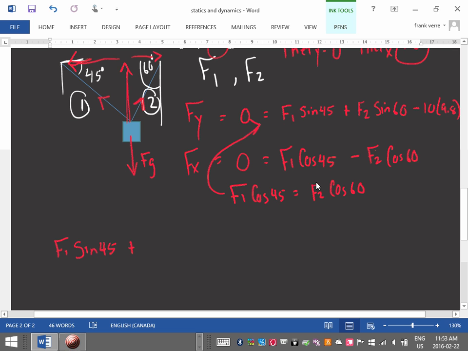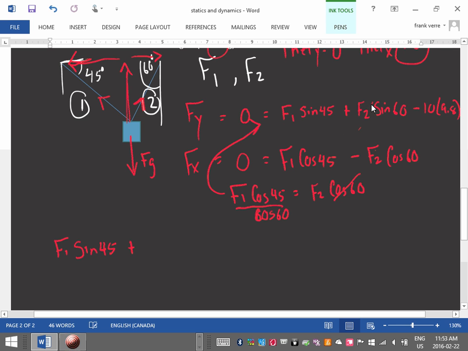But F2 would be equivalent to, if I get rid of the cosine 60 on this side, F1 cosine 45 over cosine 60.